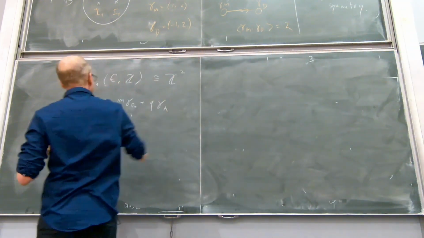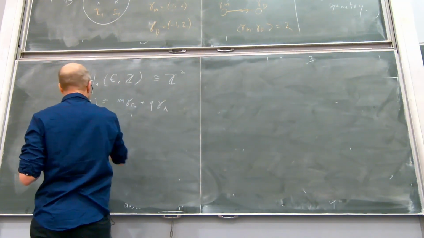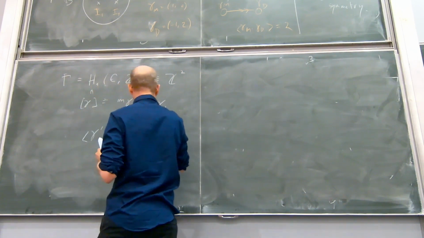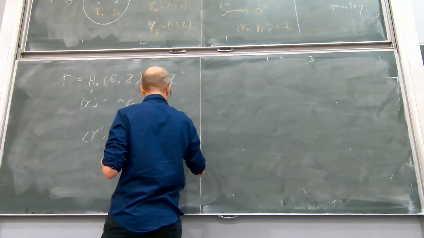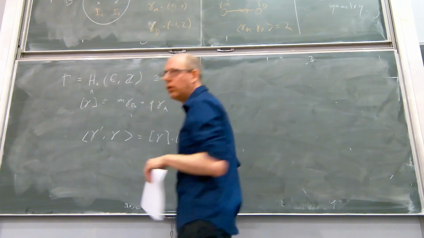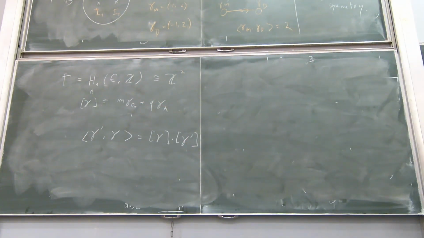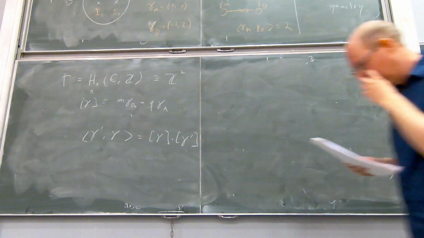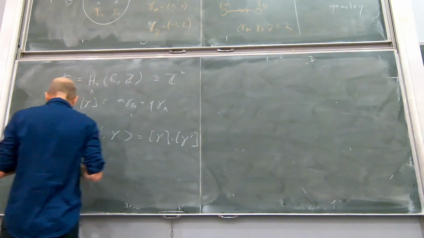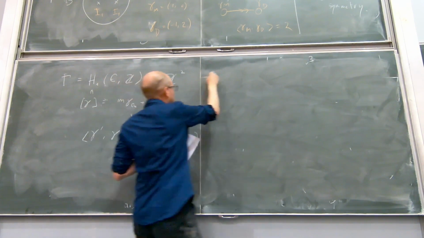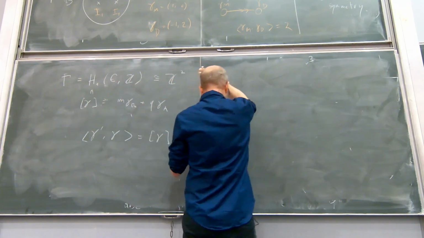And the Dirac pairing is the same as the intersection pairing in homology. I just have A and B cycles or whatever, and I just have an intersection between them.